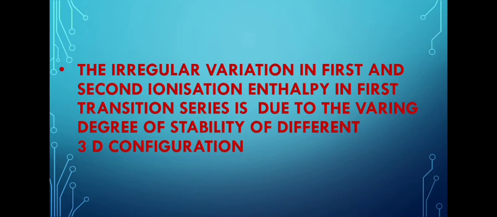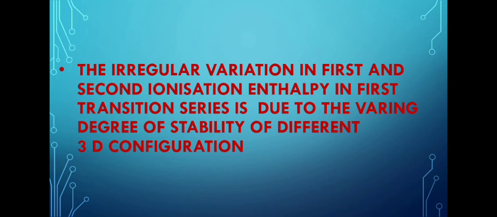For example, the first ionization enthalpy of chromium is very low. We know that chromium has the configuration argon 3d5 4s1. After losing one electron, it will have a stable d5 configuration. Hence, the first ionization enthalpy of chromium is very less.